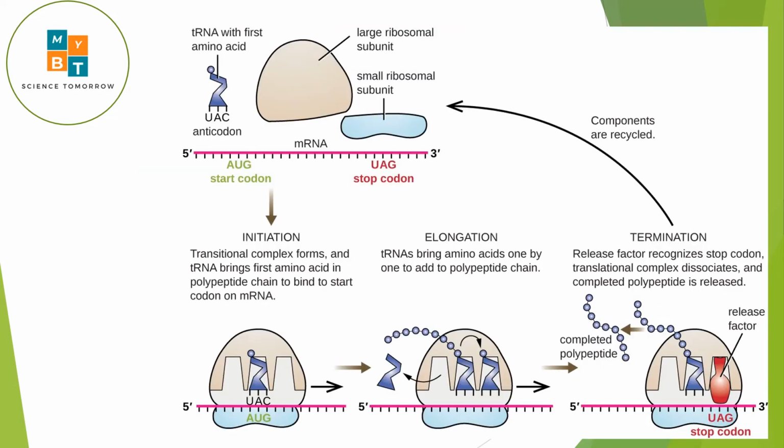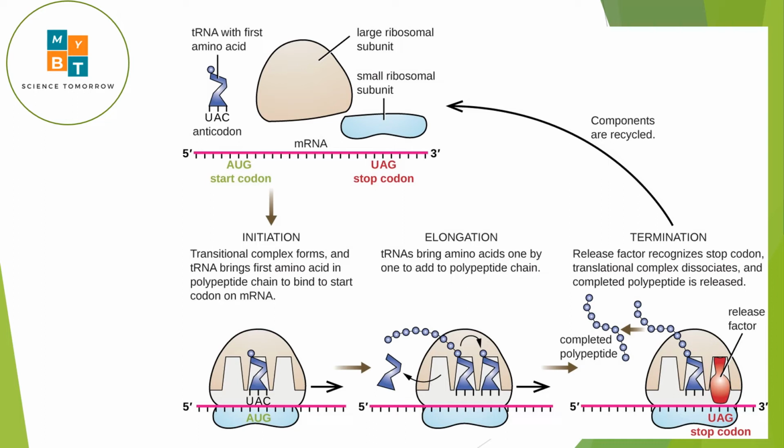You can see it like this: mRNA, the two parts of the ribosome subunit, and tRNA. These are the parts of the translation initiation complex. So AUG is the start codon, and the anticodon, as you know, is UAC.